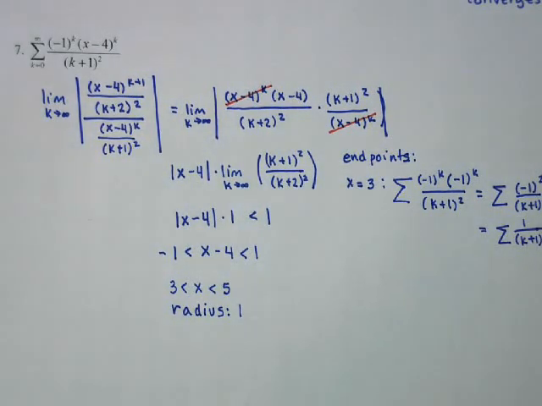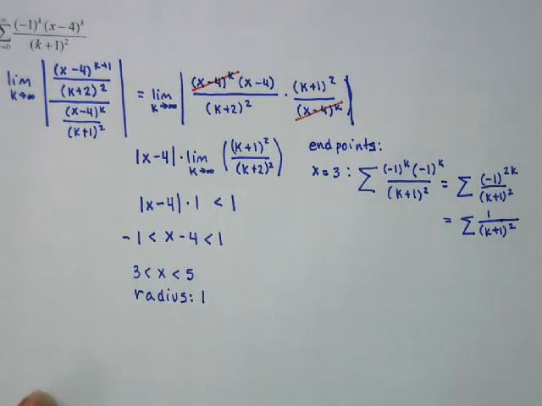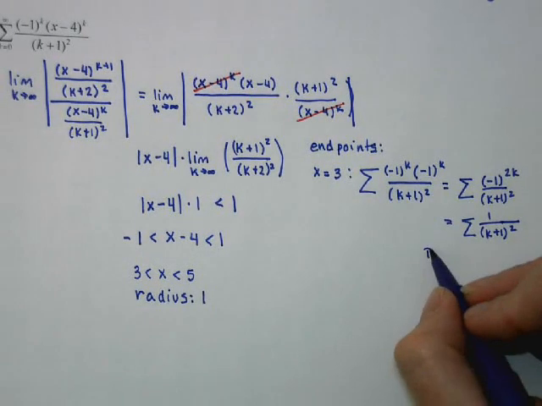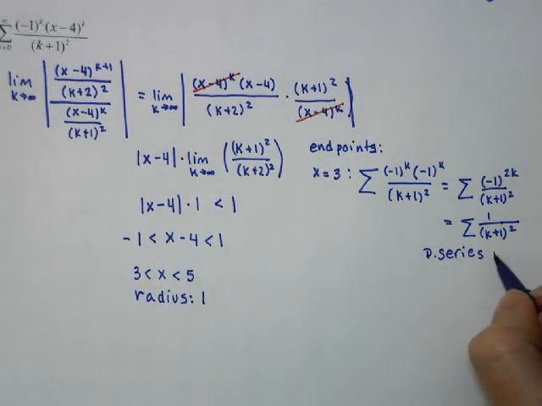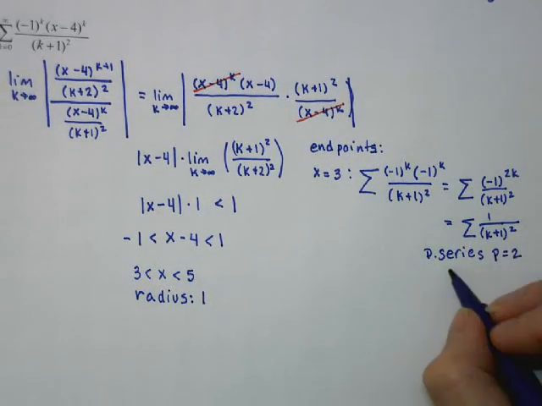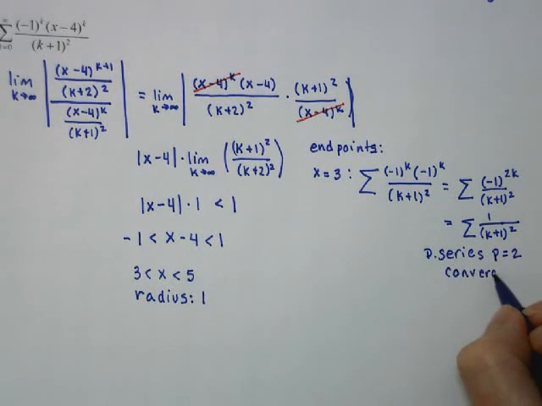Okay, so this one, if I were to FOIL it out, we're just going to have a quadratic. So we could compare it to k squared, which is going to converge. So I'm just going to say p-series, p equals 2, which means this converges.